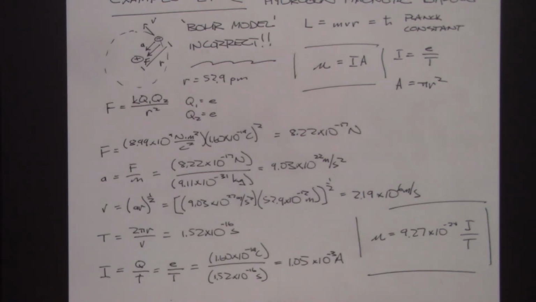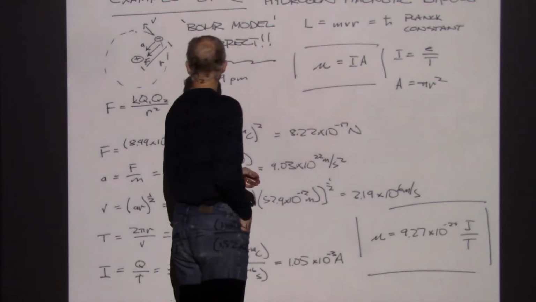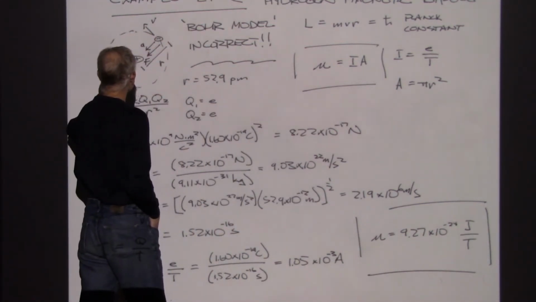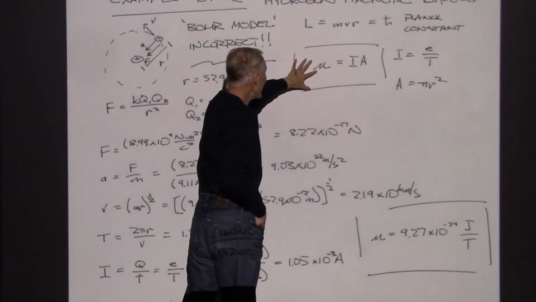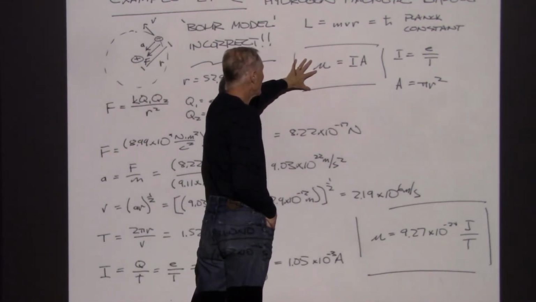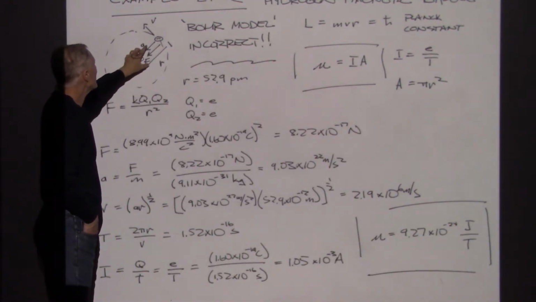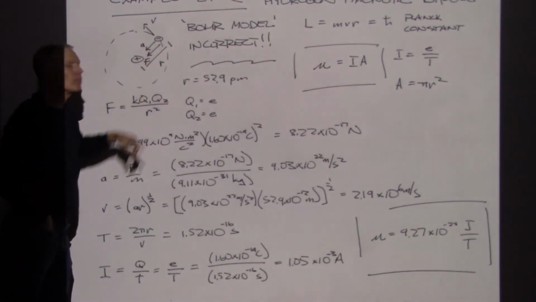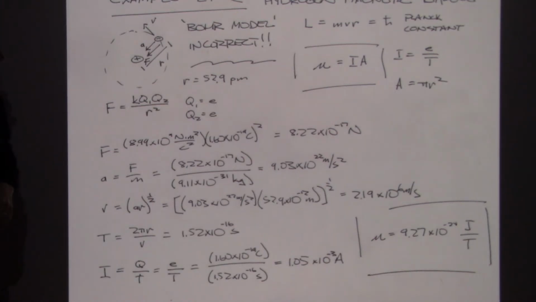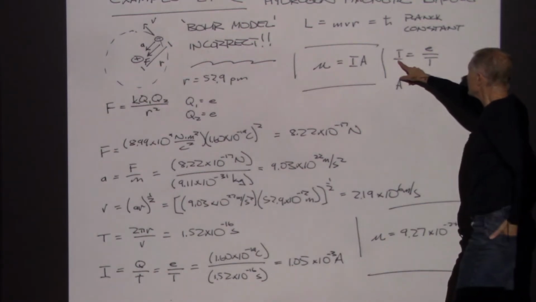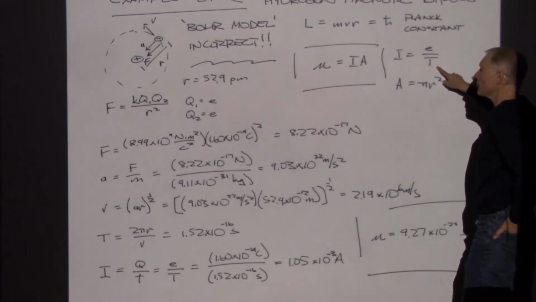Now, where does this start applying to chapter 27? Because of the orbital motion of the electron, that's going to create a magnetic dipole. There's going to be a magnetic field generated because of the motion of the electron. And so we can say, aha, there is a current being generated. Current is charge over time.